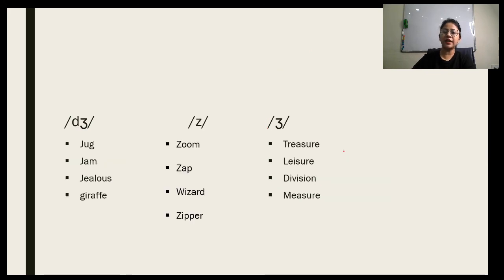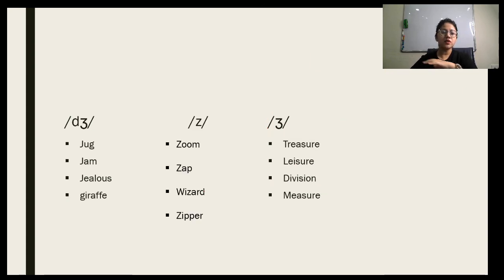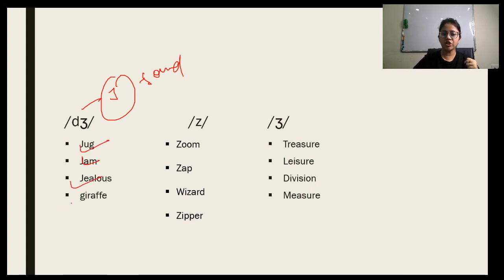Now let's move ahead and look at the j, z, and the j family. All right, let me write down linger out here because that's a nice word, Anvesha. So this is the normal j sound. So this would be jug, jam, jealous, giraffe.